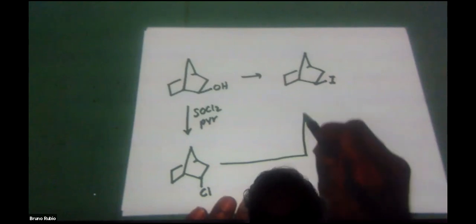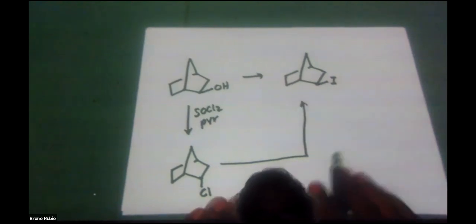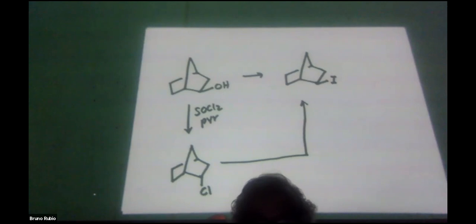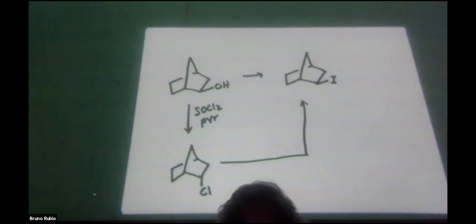And what's the nucleophile here? What am I adding here in the second step? Tell me in the chat. What am I writing above and below the arrow here now? I'm writing I minus, right?